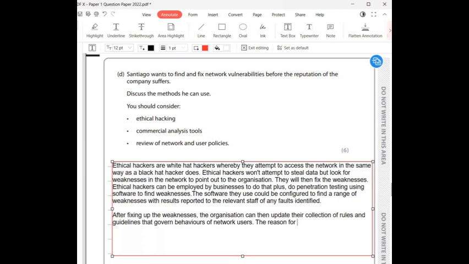The reason for continual reviewing is because users may not always comply with new laws and regulations. So in essence, reviews should be routine, should become a routine procedure.